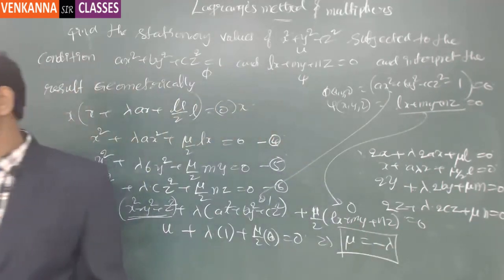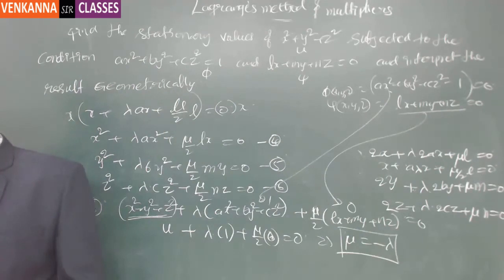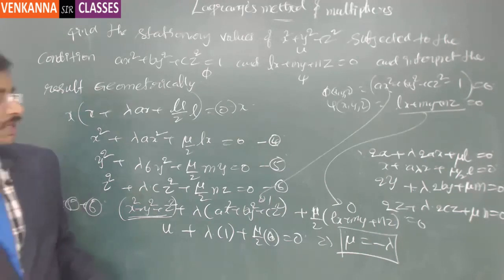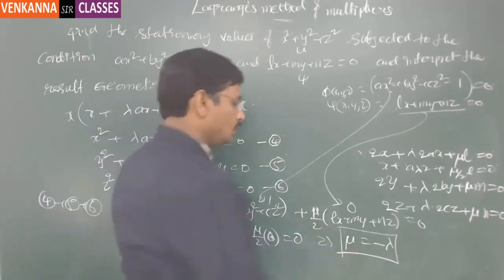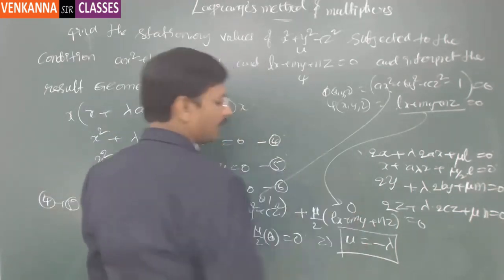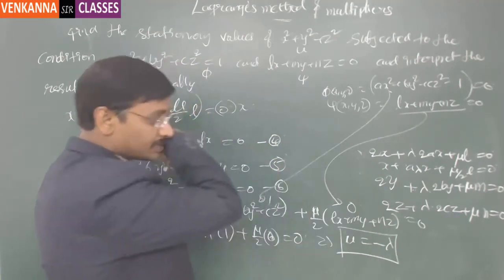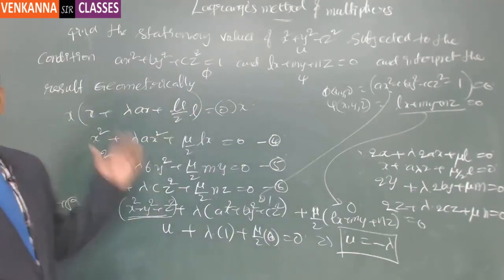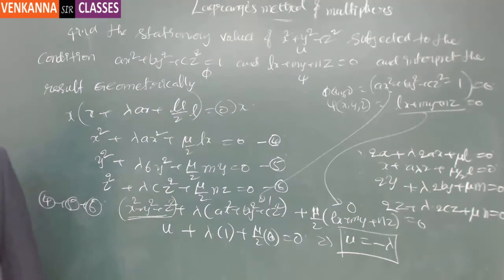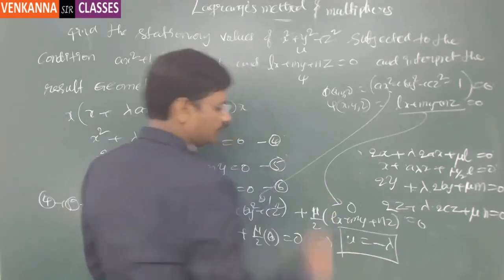Got it? Understood? So this is the condition. So you got the value of u in terms of lambda. Now this value we can substitute back. Okay, so note down till this point. So this is u only, not mu. This is u.